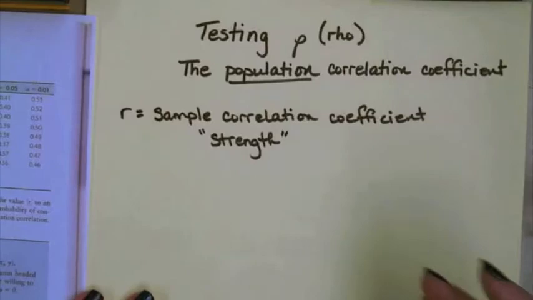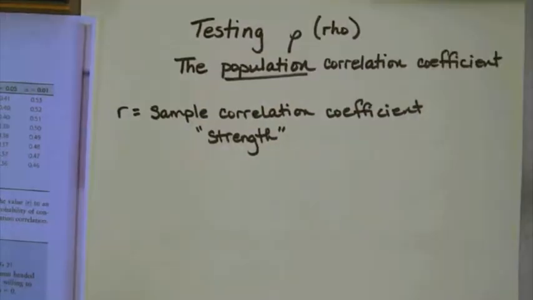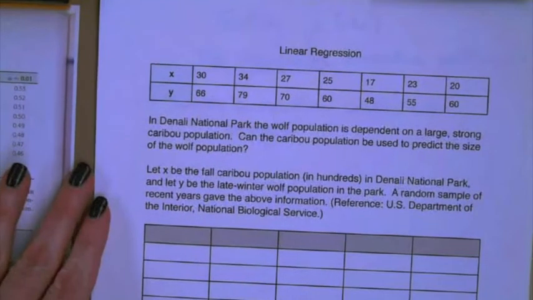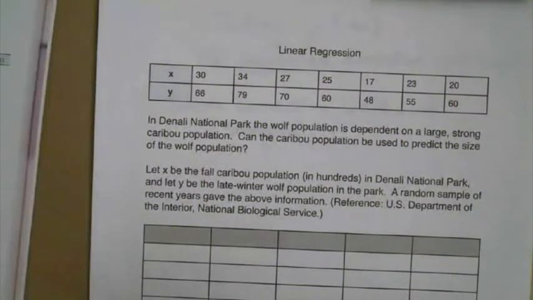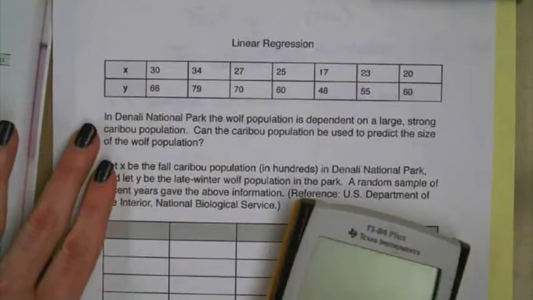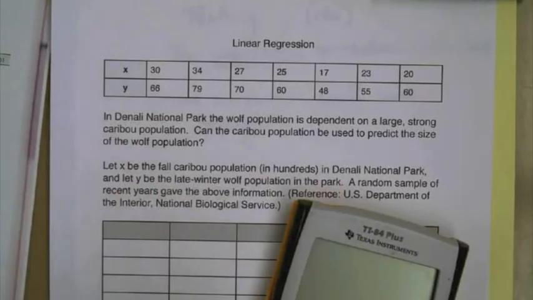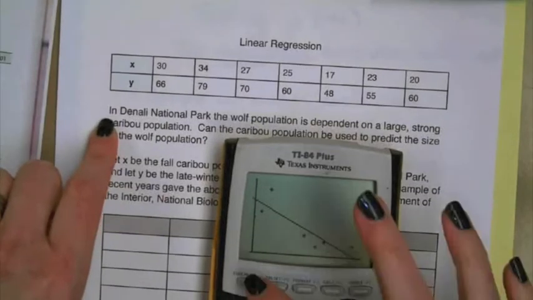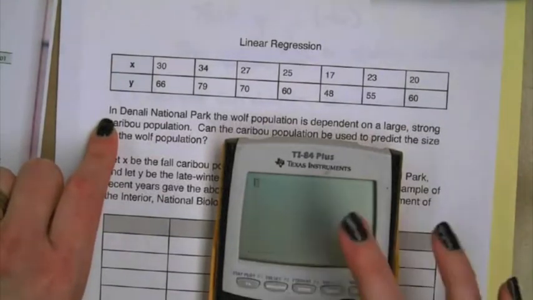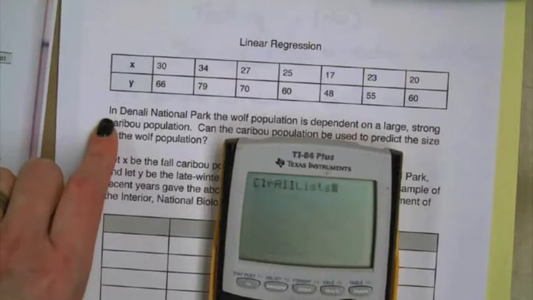So let's go back to our caribou population and wolf population that we've been working with for the last few videos. And I am going to enter this data into the calculator. So first thing I need to do is to clear my lists.